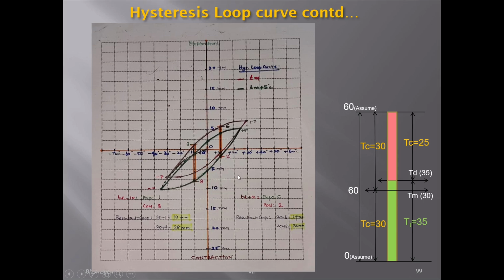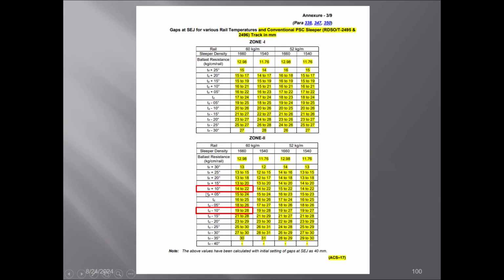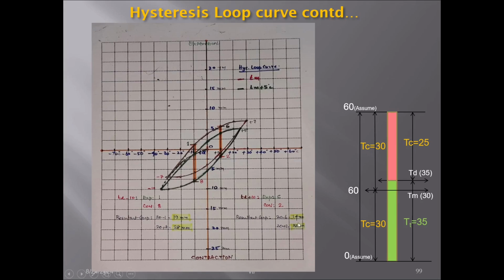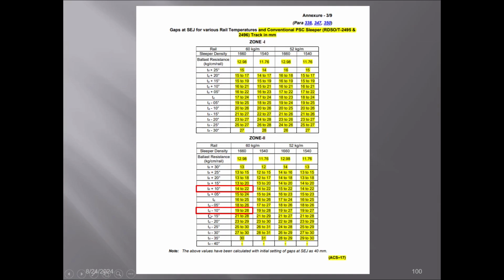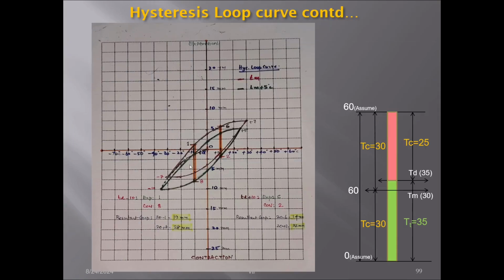Okay, this we already told you. So coming to here, TD plus 10: 14 to 22. Similarly, TD minus 10: 19 to 28. Here you see 19 to 28.